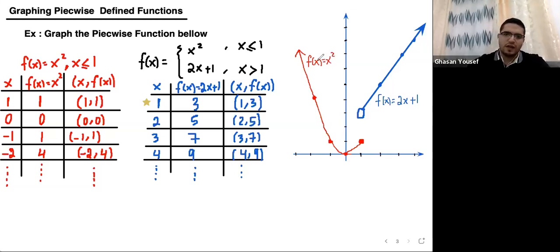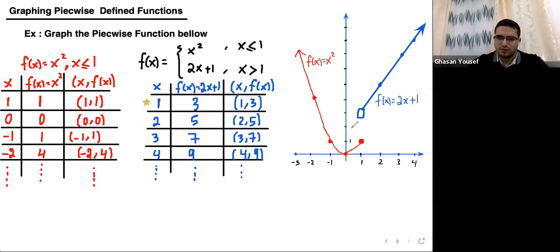Okay? We don't have to write the domain for the function, we just have to write f of x equal x squared like this. Here we also have to write down the axis values: this is 1, this is 2, this is 3, 4, minus 1, minus 2, minus 3.